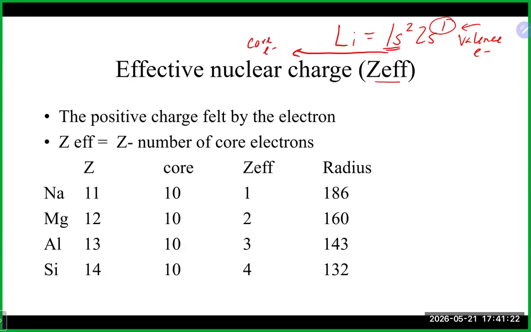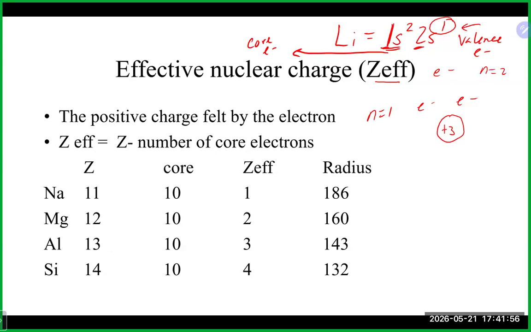So what happens in this sort of situation when we look at sort of the electrons that are involved here, lithium, which has 3 protons, has basically a positive 3 charge on the nucleus. And remember that the first number here is the principal quantum number, which is the energy level. So like on the first energy level, they got a couple of electrons, those core electrons hanging out at a energy level a little higher there on the second, which would be this guy, is where our valence electron is.